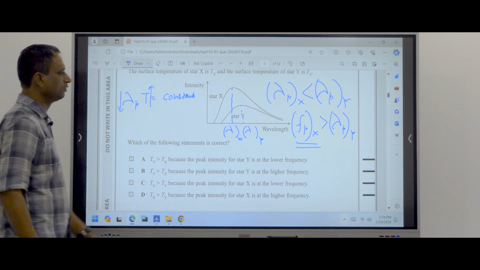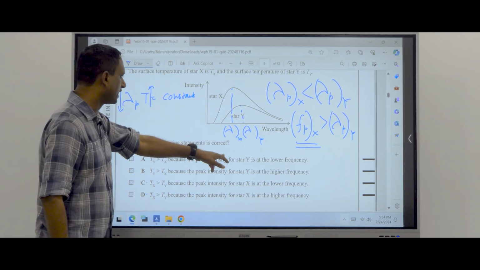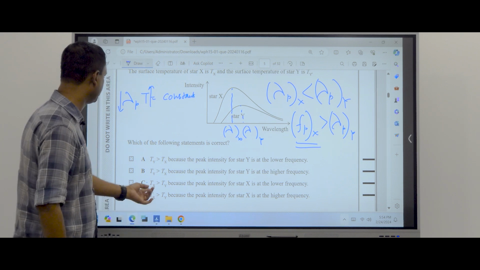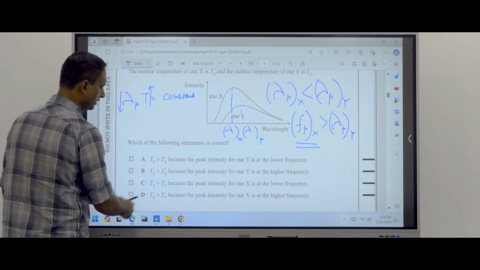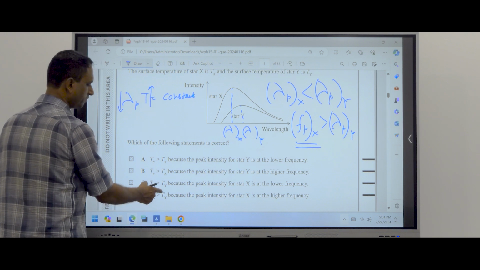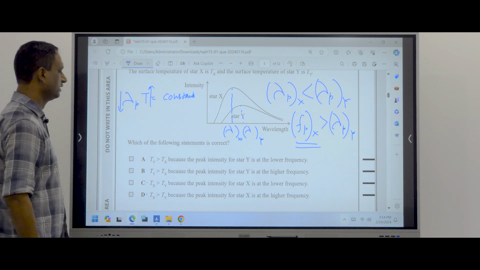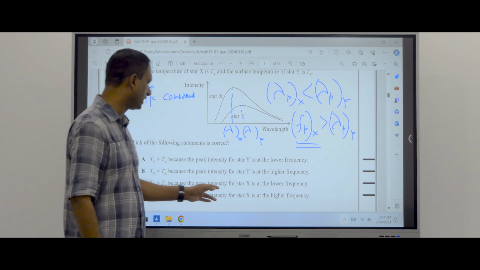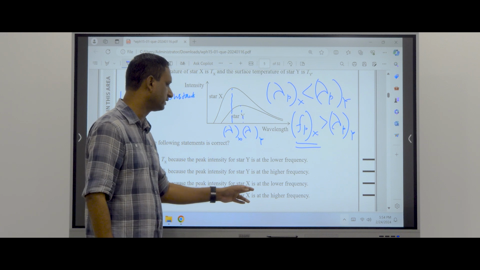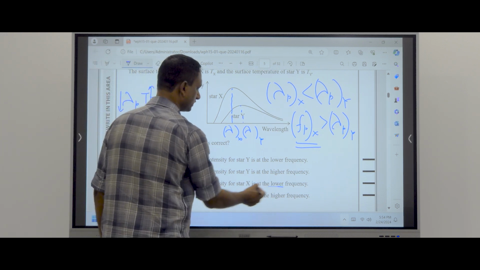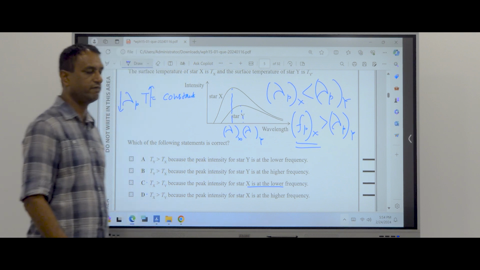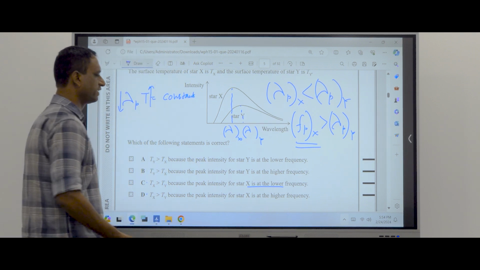The lambda p value is less for star x, therefore temperature is high. Tx is higher than Ty, so C and D are both possible answers. Then we have to check the peak intensity of star x: it has a shorter wavelength but higher frequency.